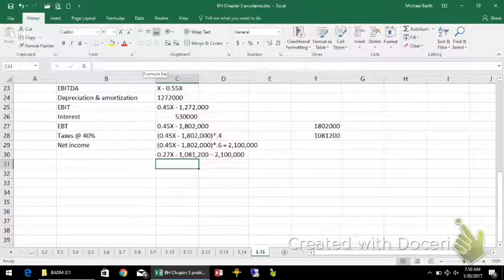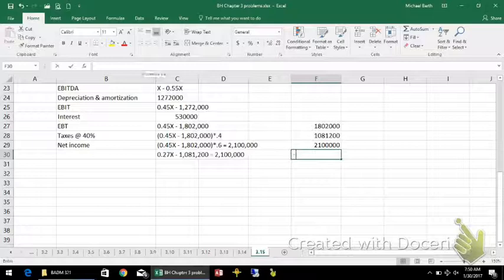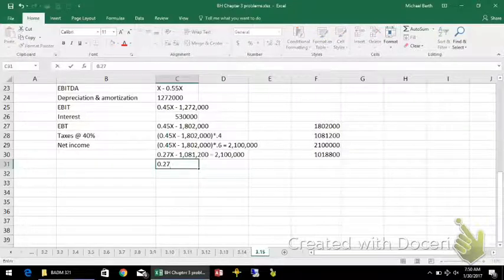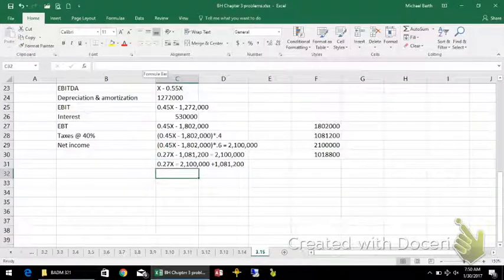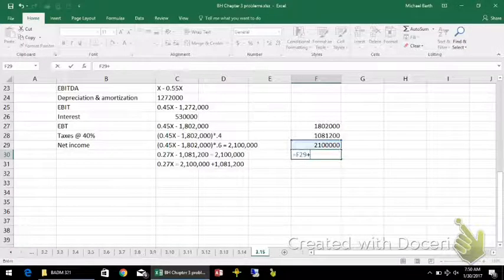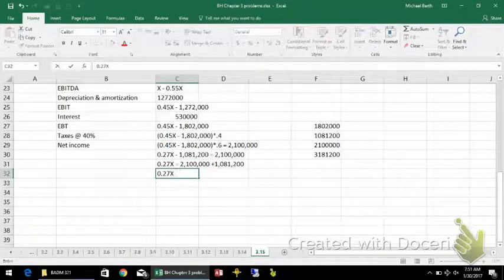So 0.27X is equal to 2,100,000 plus 1,081,200, which is 3,181,200.